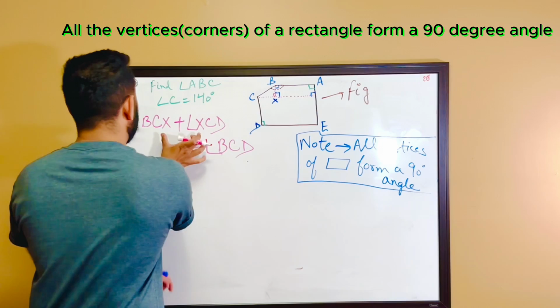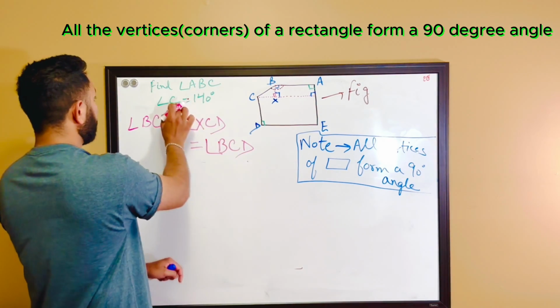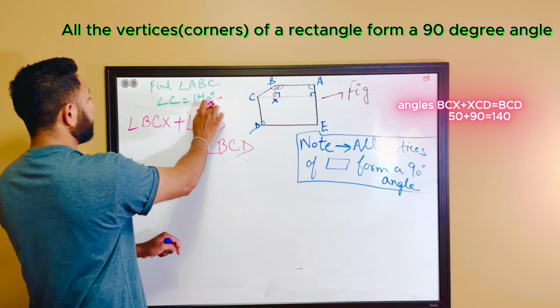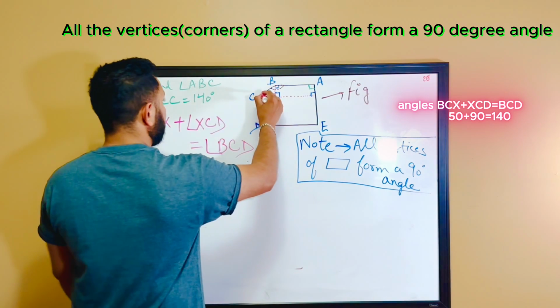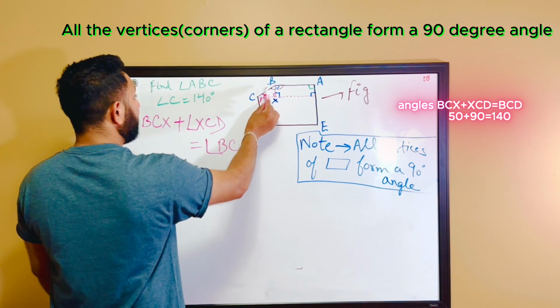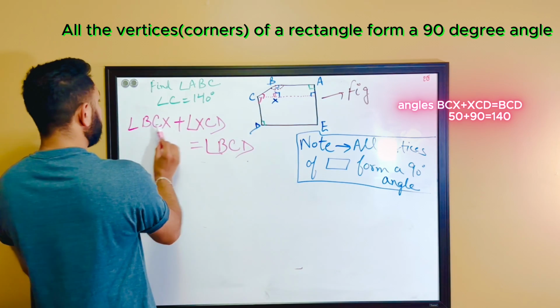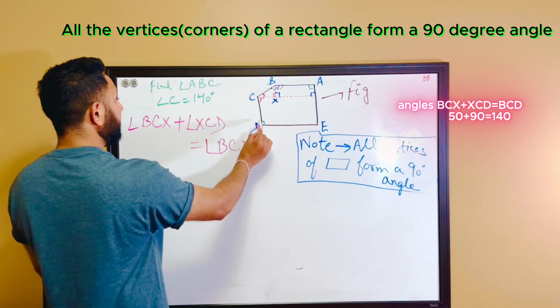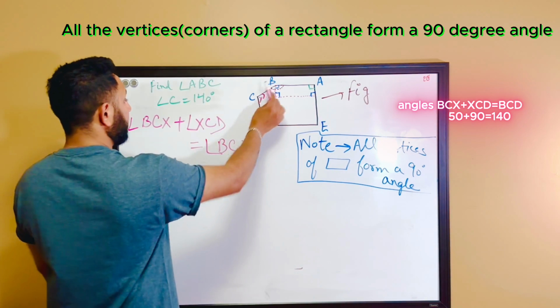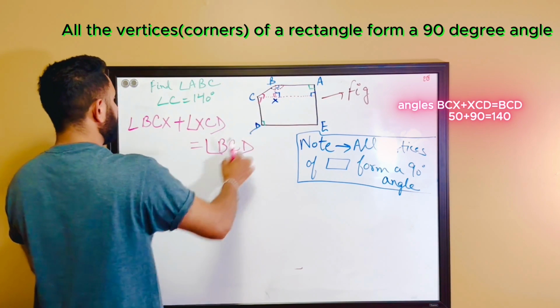Like these two angles form BCD, and also we are given BCD, which is 140 degrees. Like angle BCX plus XCD is equal to angle BCD, like this whole angle.